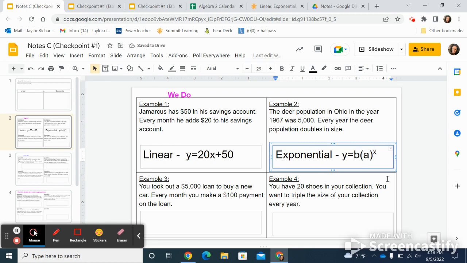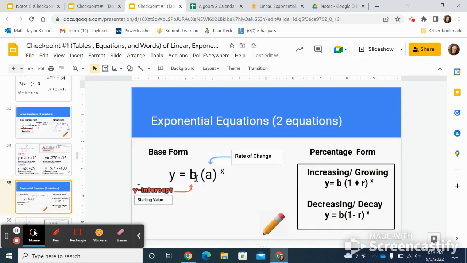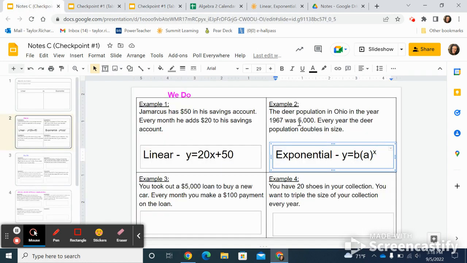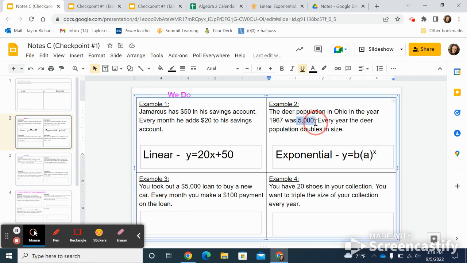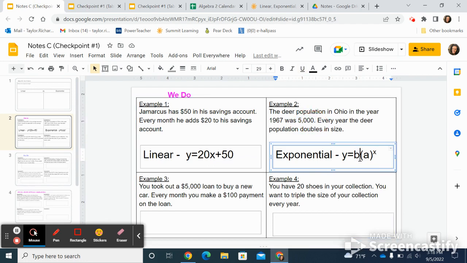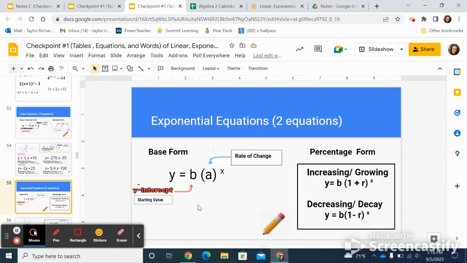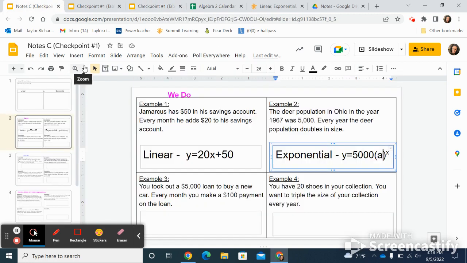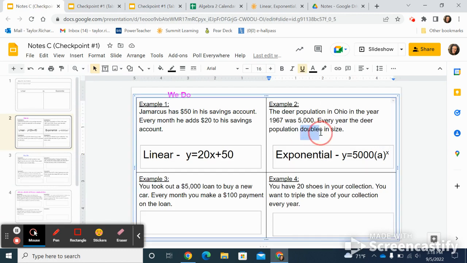Okay, let's change these letters to match our problem. So remember, the B is your starting value. Well, how many deer did we start with? We started with 5,000. So I'm going to change this B to be 5,000. And then the A, to go back to our picture, the A represents the rate of change. How is the population changing? Well, it's saying every year the deer population doubles.